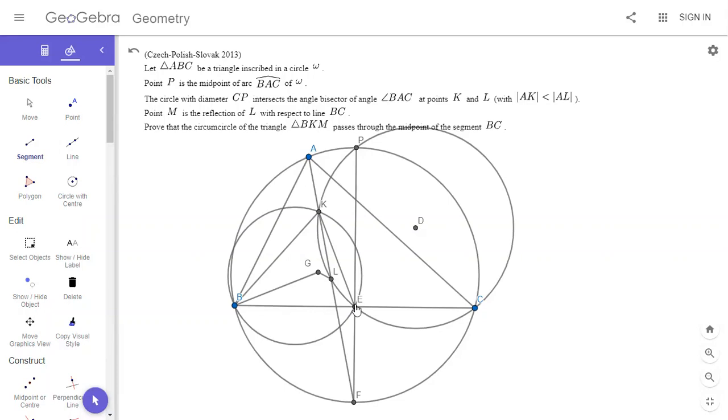FC is tangent to the circle centered at D? Yes. Yeah, that's an easy angle chase. If I can show triangle BKA is similar to triangle BLE, that would solve it.